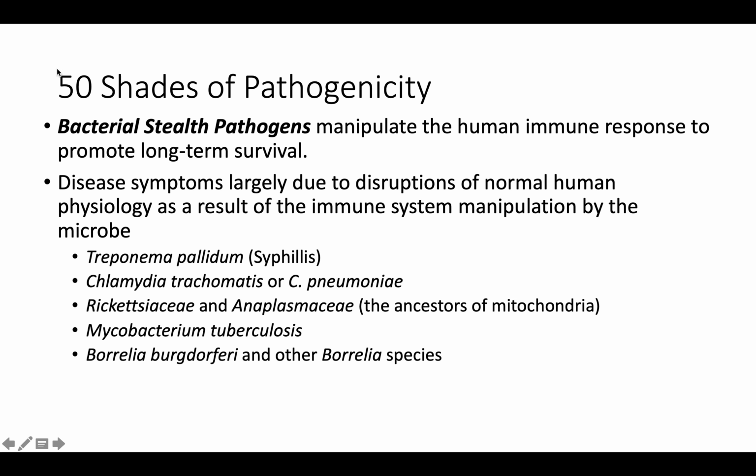They manipulate the human immune response. So it isn't like a knockout fight with the immune system. It's kind of a sneaky way either to avoid or to manipulate our response so as not to cause an outright response to the infection.